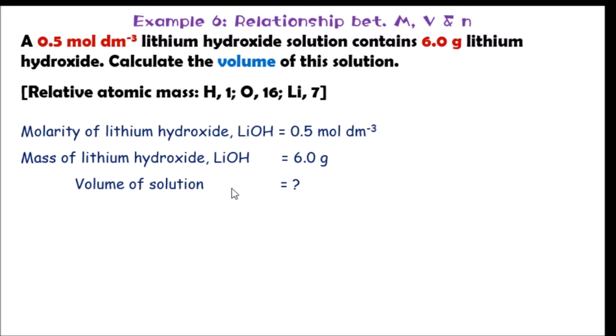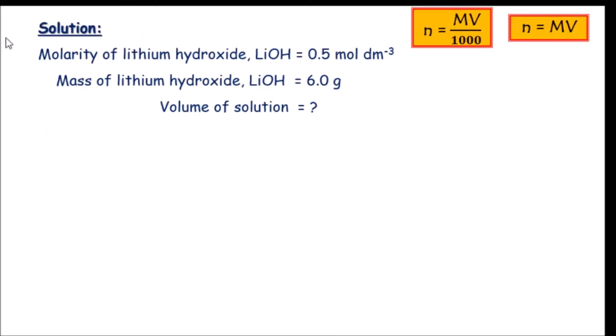So, what do you need to find first? Always remember the formula. Number of mole is equal to mv over 1000, or number of mole is equal to mv.